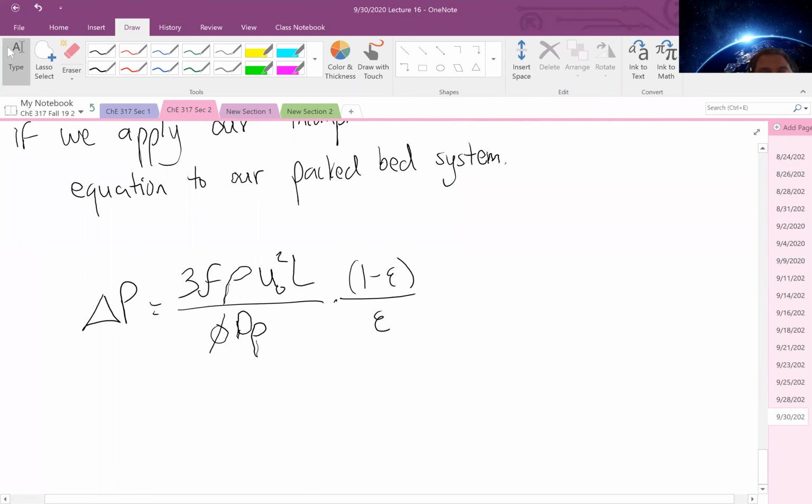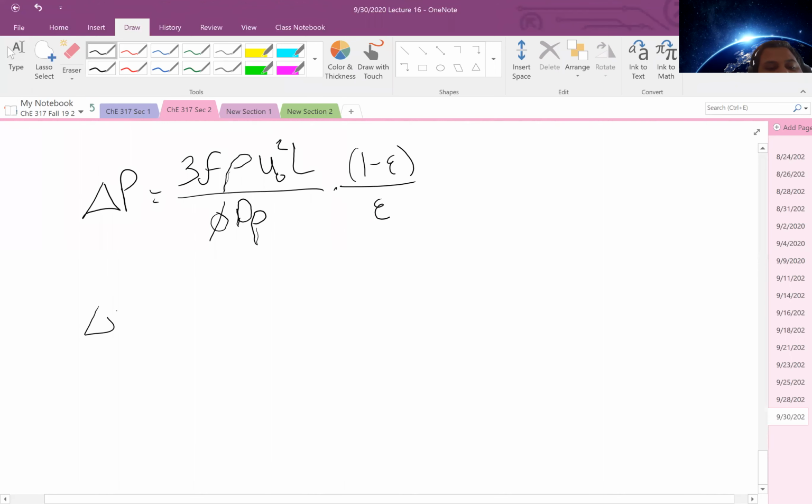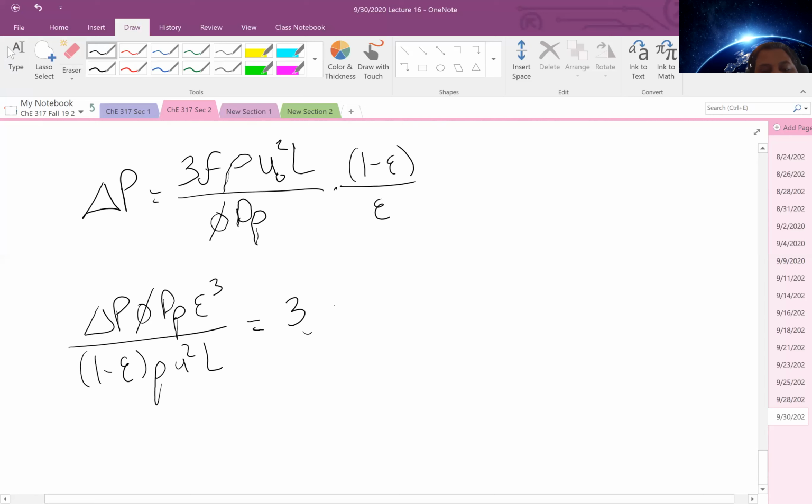Now, one thing we can look at is if we rearrange this expression, I don't destroy my notes in the process, we can write an equation that looks like this. This would equal 3 times our friction factor.